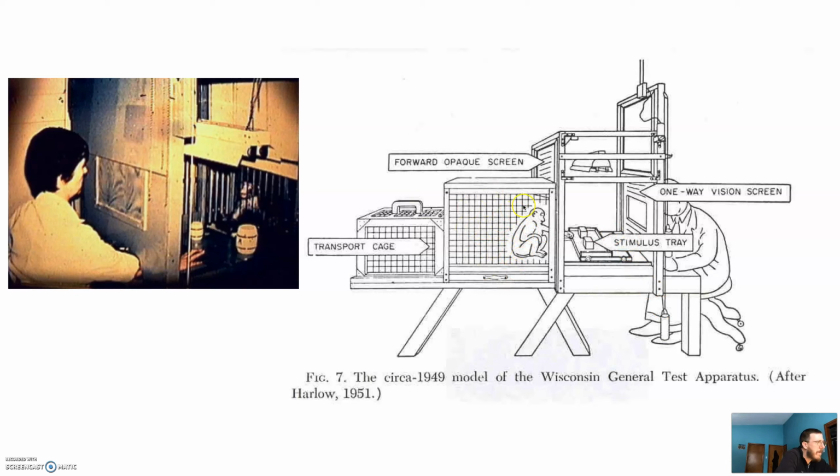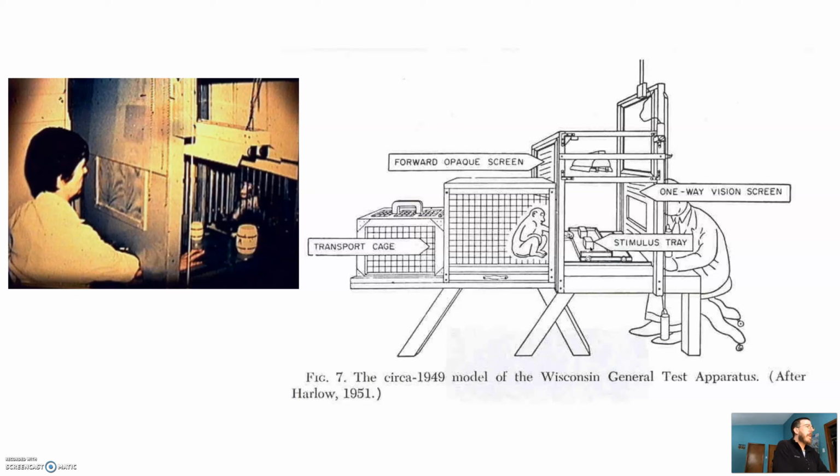You have a monkey that you put in a cage, and you have an experimenter outside of the cage. The experimenter can manipulate what's being presented to the monkey on this tray, and included in the tray, maybe under one of these blocks, is some food that will reward the monkey, and they'll try to teach the monkey certain behaviors by rewarding and punishing its actions.